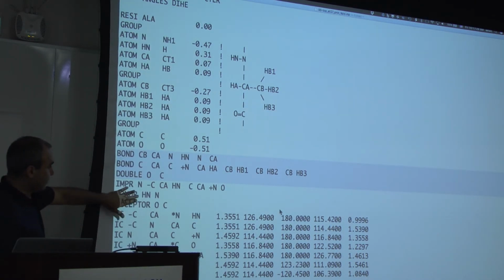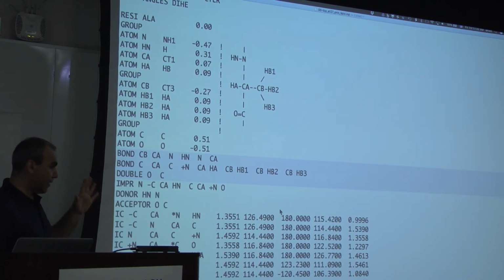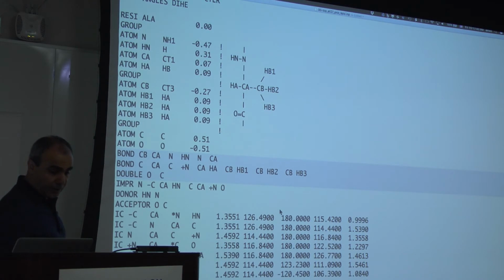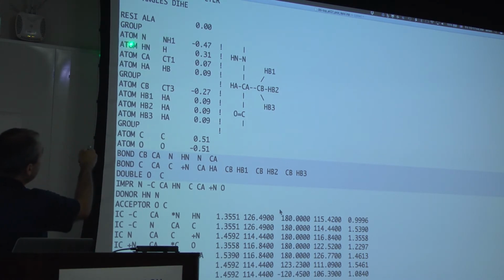So donor, acceptor, again, they are there for compatibility. They are not used. We don't have explicit hydrogen bond terms in the current version of CHARMM. So the way hydrogen bonds are reproduced is by having polar hydrogens. For example, you see this hydrogen has a significant positive charge on it.